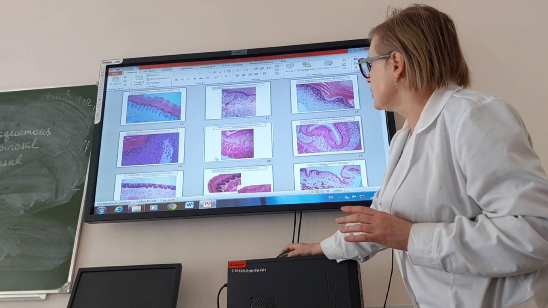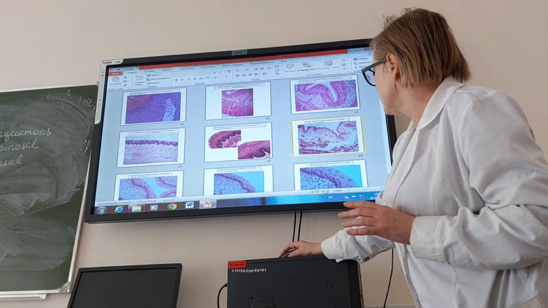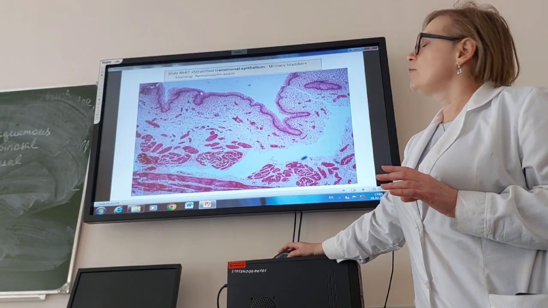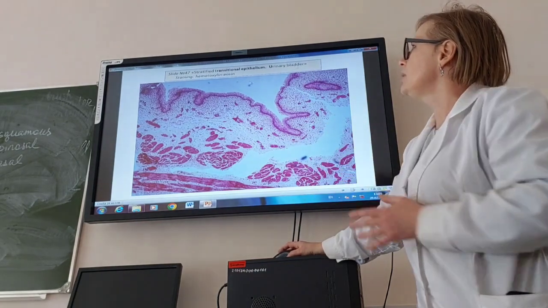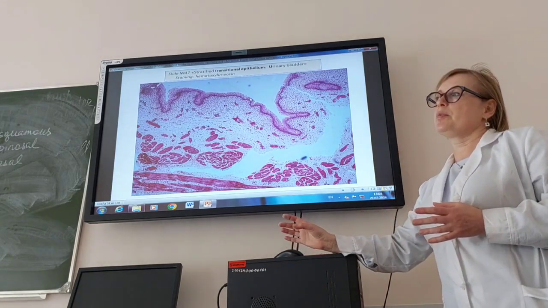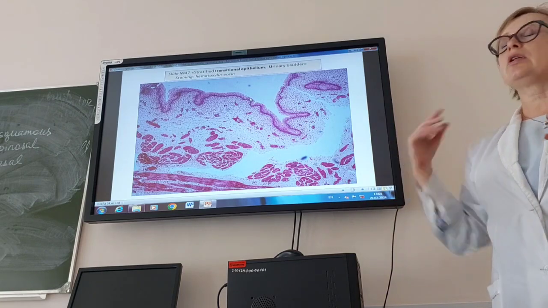Next type of epithelium. This is transitional epithelium. Such a type of epithelium we can find in the urinary system, for example, in the urinary bladder. Such structure of epithelium corresponds to the function of the urinary bladder.